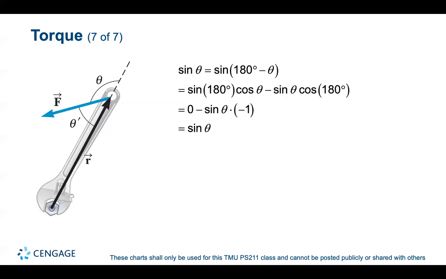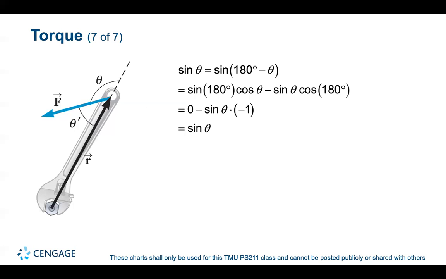Notice that there are two choices of angle in the figure. The angle theta is the actual angle between the directions of the two vectors. The angle theta prime is literally between, quote, the two vectors. So which angle is correct?